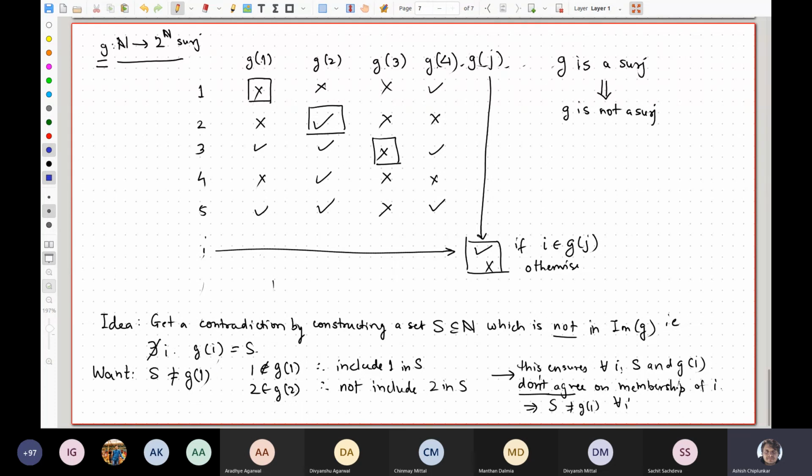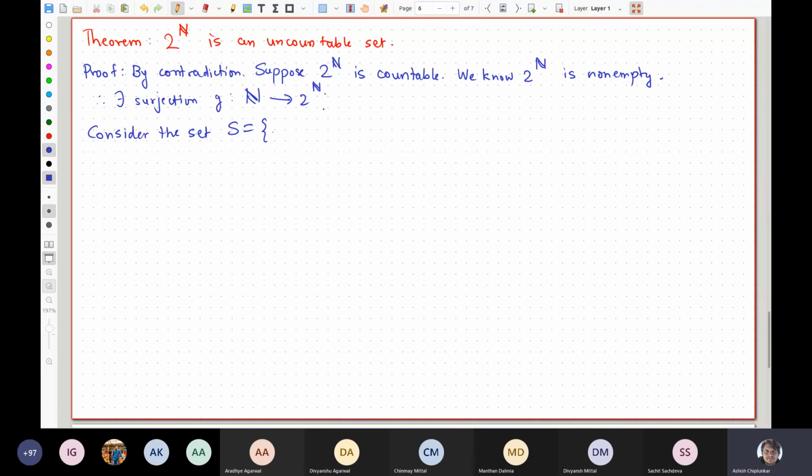This is the way we constructed S: the set of all i in the natural numbers such that i is not in G of i. Now we want to claim that this S is not in the image of G.